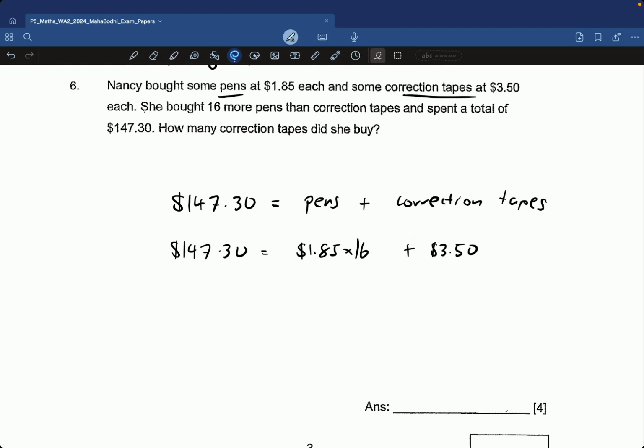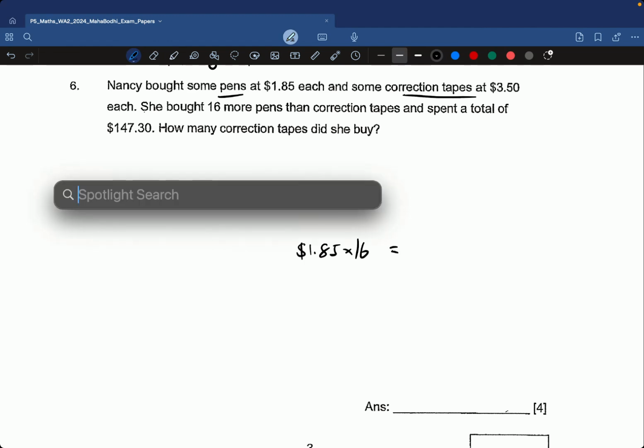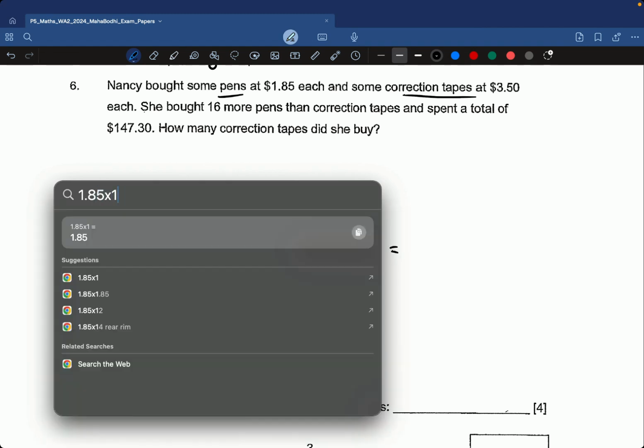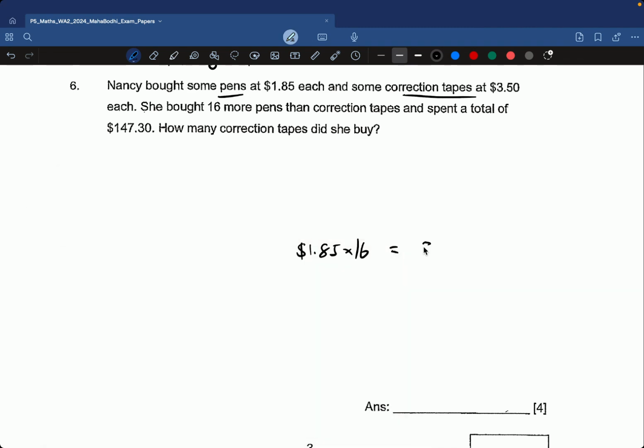What we can do is get the amount for the extra pens. So $1.85 times 16 is equal to $29.60.